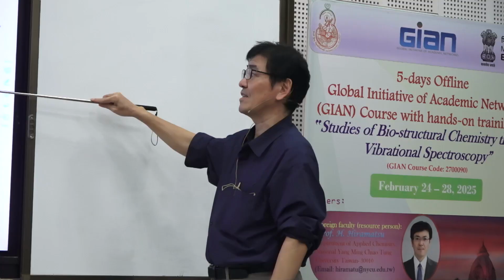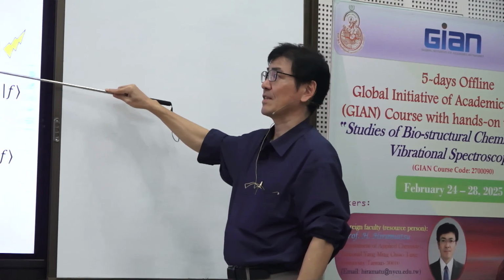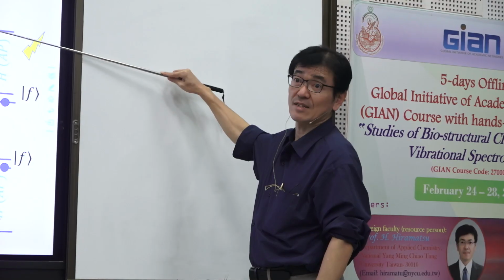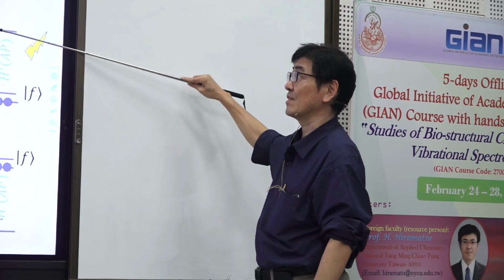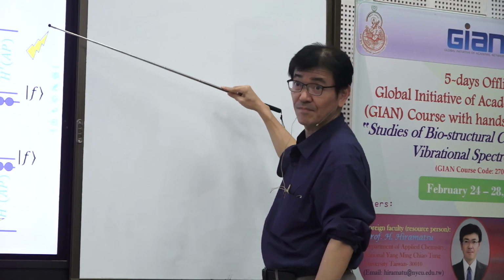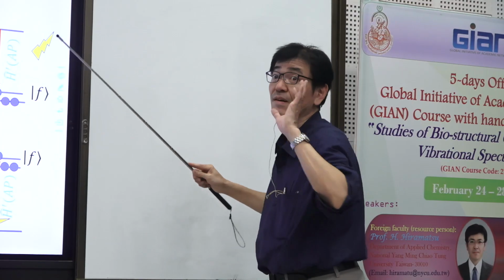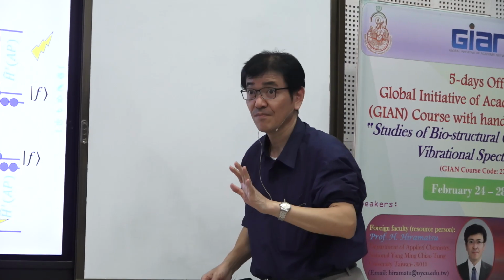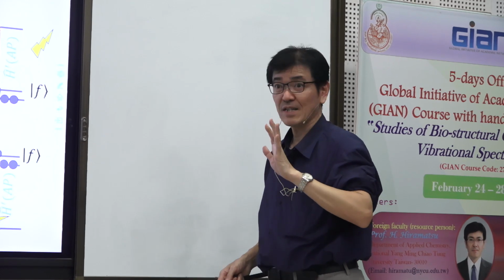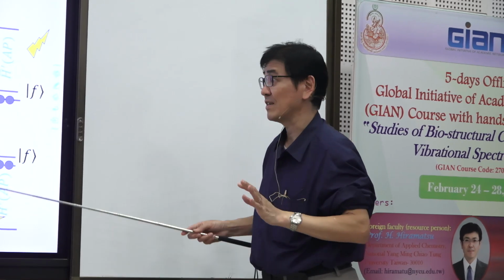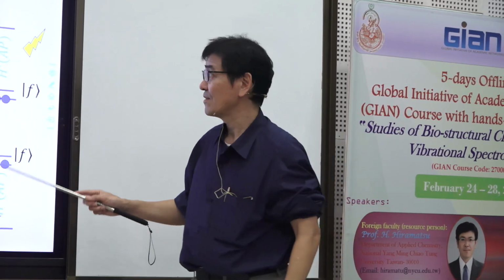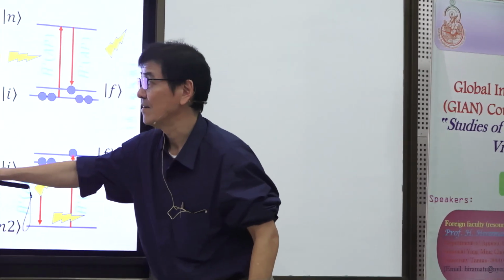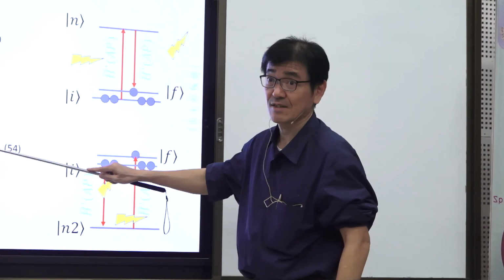So in Raman scattering, in this way, the initial state is populated, light comes in and excites the molecule into the intermediate state, scattering occurs and new light is emitted. Okay, this is Raman scattering. And based on the formulation, it's possible to consider another pathway. In this case, one photon decreases first, then one photon increases next.